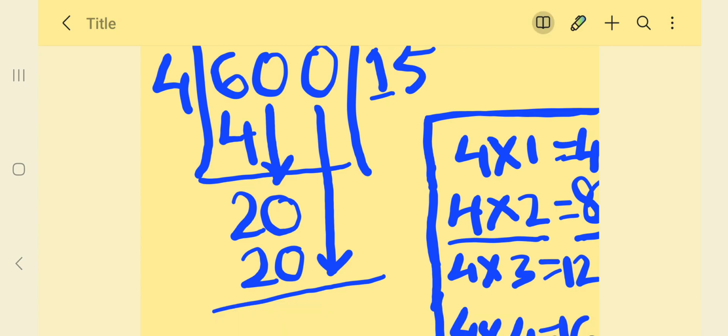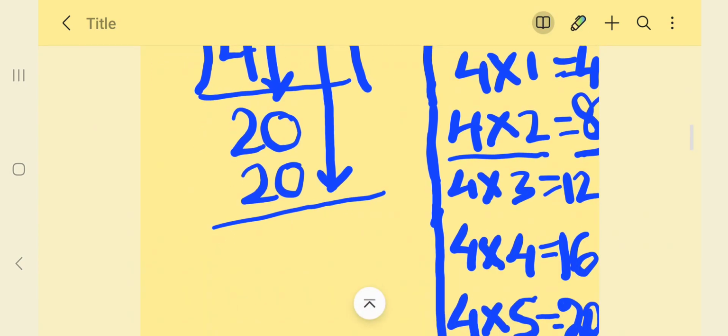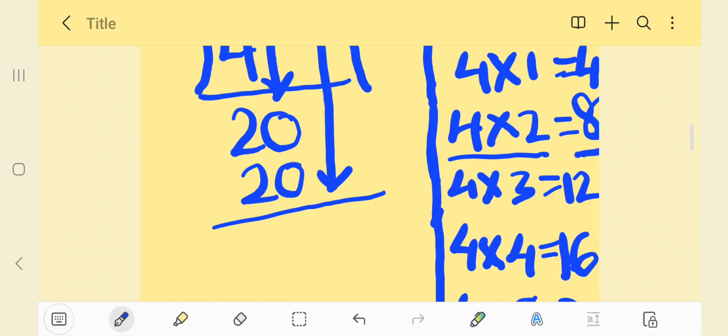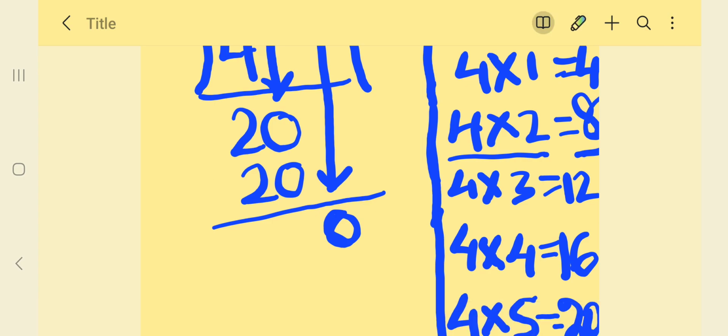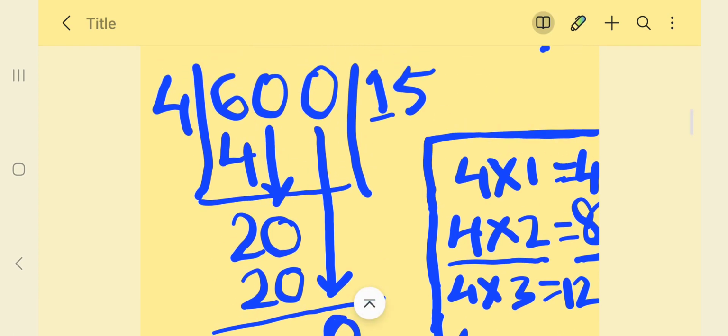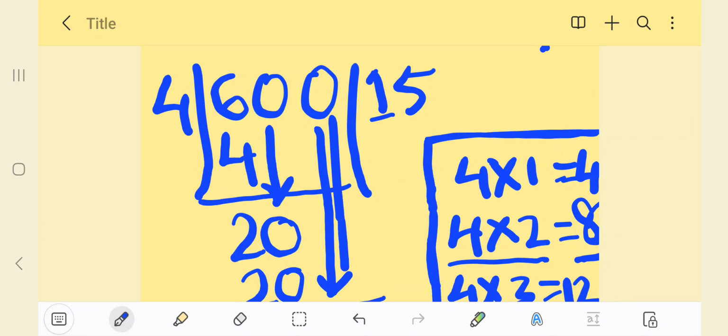When we bring this 0 down here, it's a fresh number. It's not the result of any subtraction. It's a fresh number that we brought from upward, from here to down. It was there already.